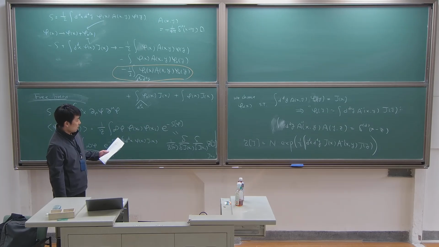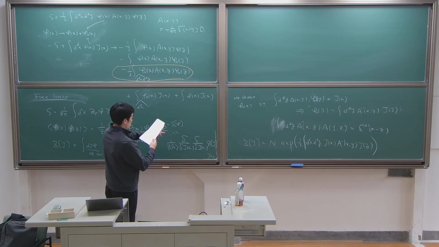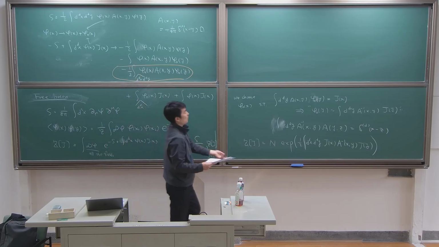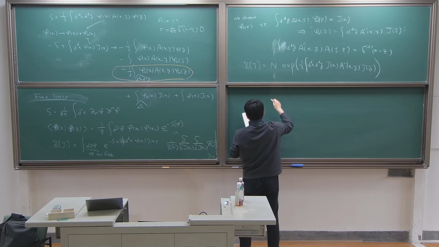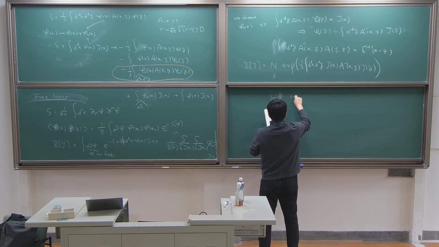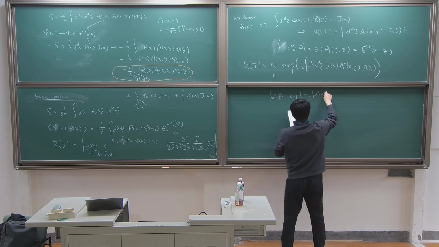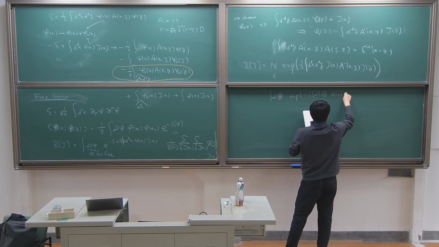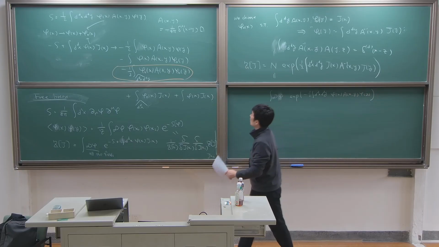Of course, the first term is left. So this guy is equal to d phi, phi, and the exponential of minus 1/2 dx, like this.